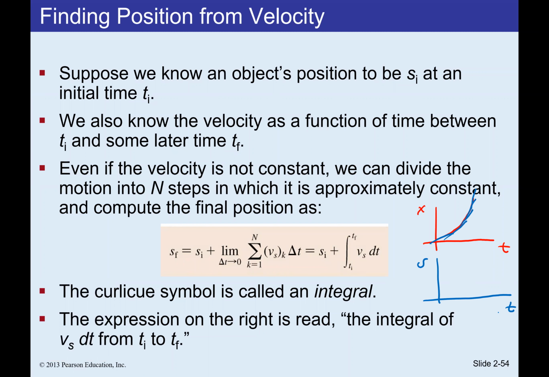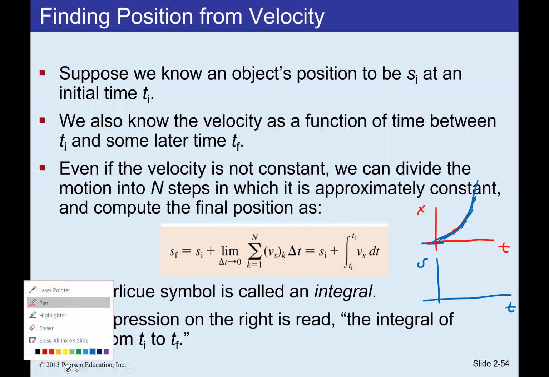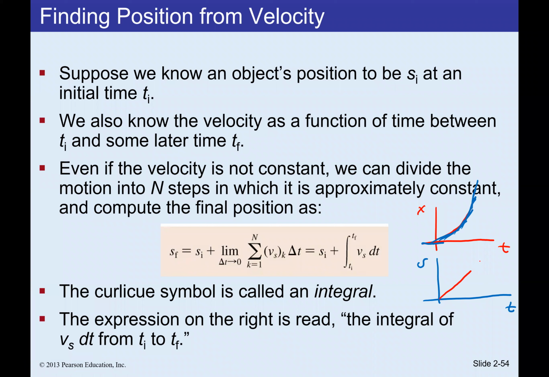For example, you can see it's 0 first and then increases, becomes steeper and steeper. That means my graph will actually look like this. This will be my velocity versus time graph, and this means that velocity increases as a function of time.